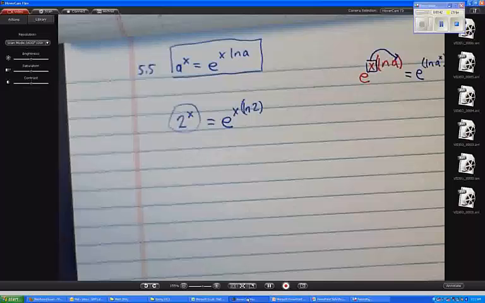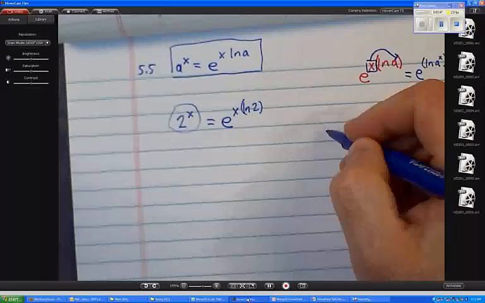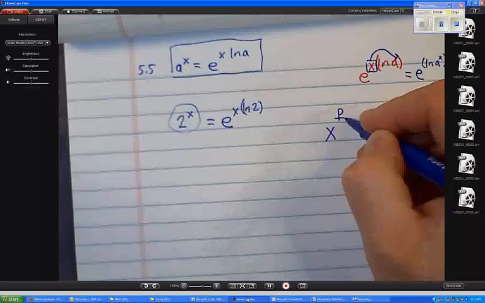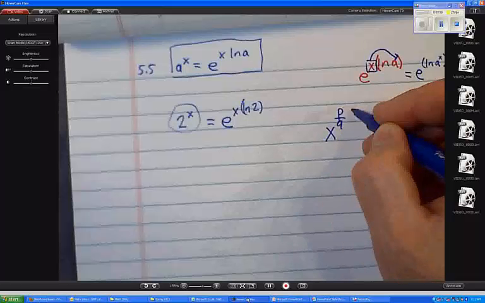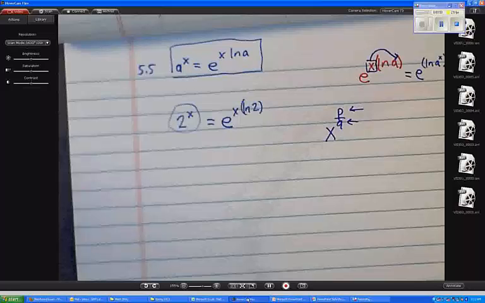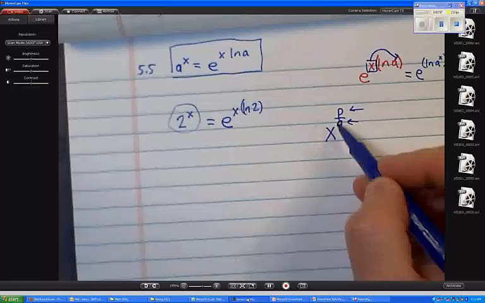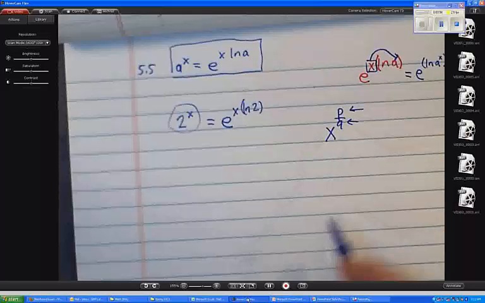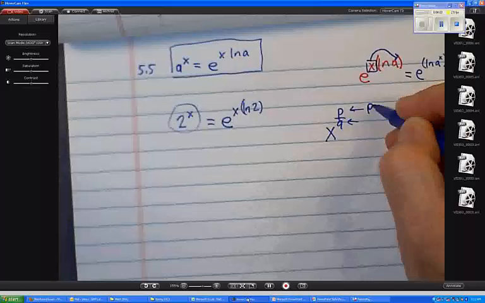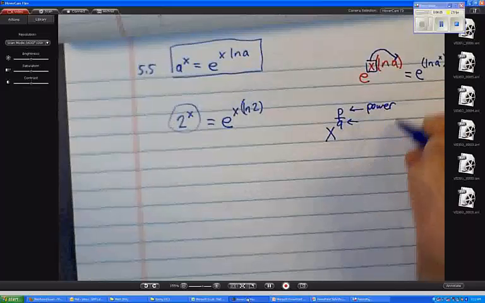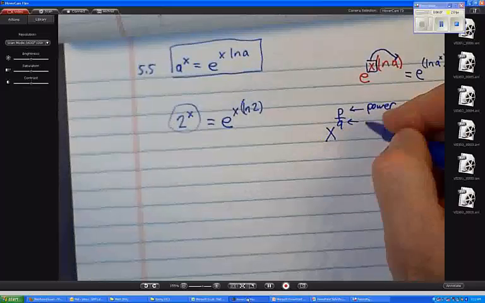See, in general, if I have something like x to the p over q power, what do these things mean? When you have a fraction exponent, what do the p and q tell you to do? The q is the root, right?